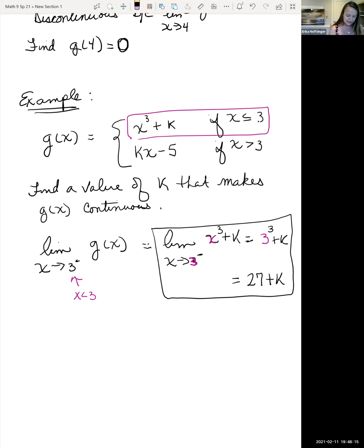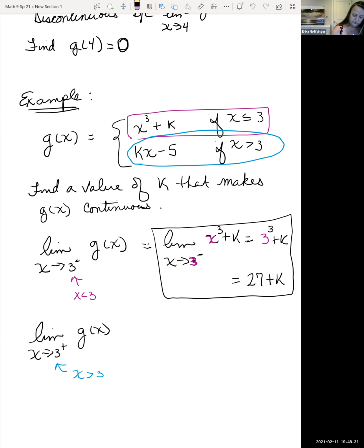My right-hand side limit, the limit as x is approaching 3 on the right-hand side of g of x, well, these are values where x is bigger than 3. So that tells me I'm going to use my second equation, which is k times x minus 5.